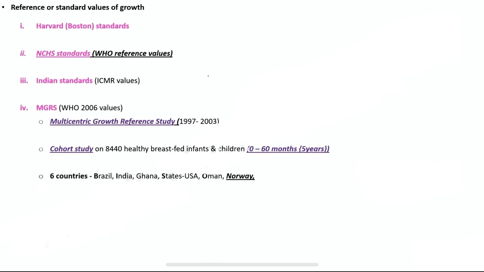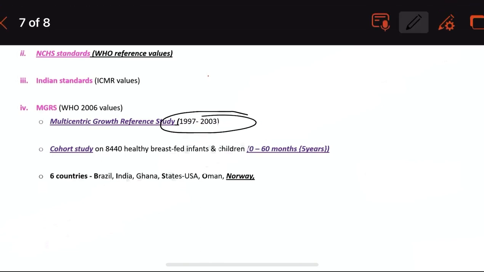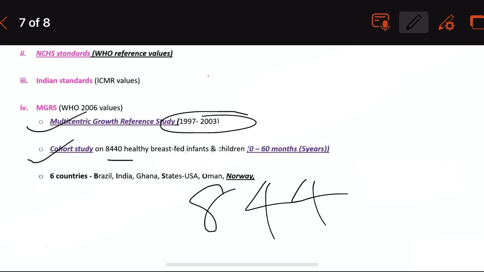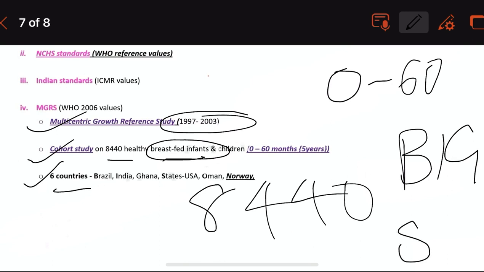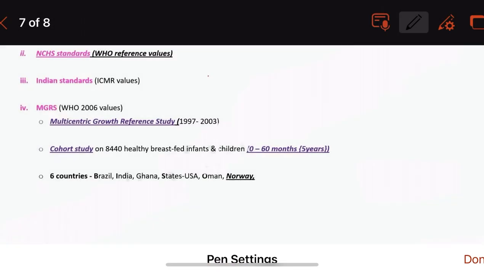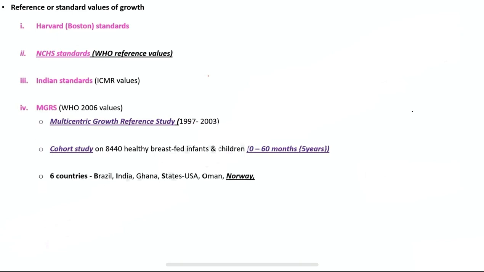The multicentric growth reference study was done in 1997 to 2003, and the cohort study was on 8,440 healthy breastfed infants and children of 0 to 60 months, that is 0 to 5 years. And the 6 countries, that is Brazil, India, Ghana, United States of America, Oman, and Norway. In these countries, the studies were carried out.